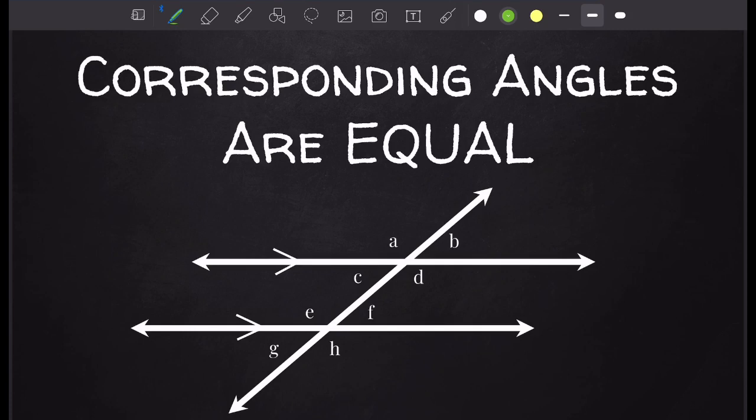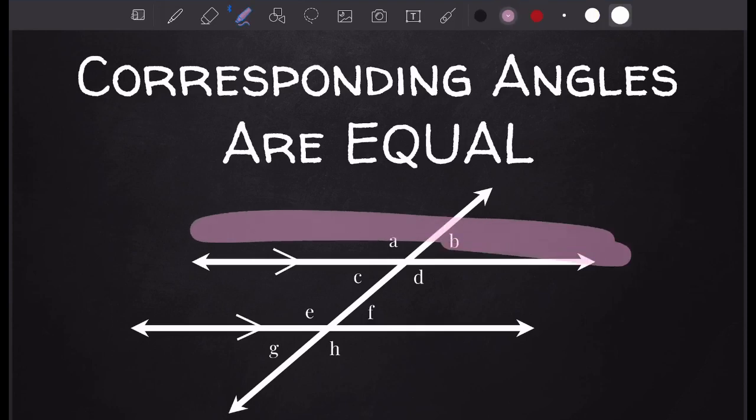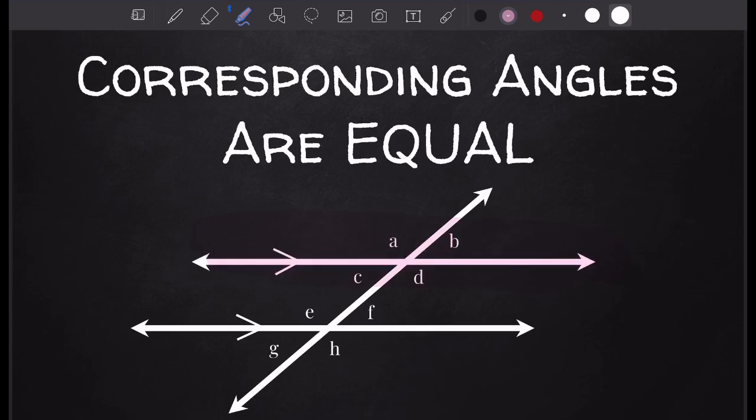Next, corresponding angles are in the same place, in the same area, okay? So if you look at this, let me highlight this one, okay? So in this area, okay, you can't see it. Okay, so let me just circle it.